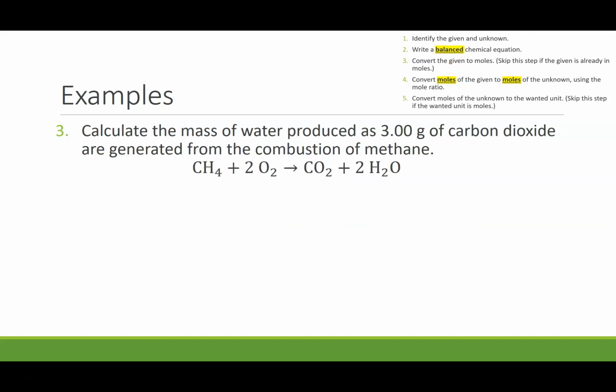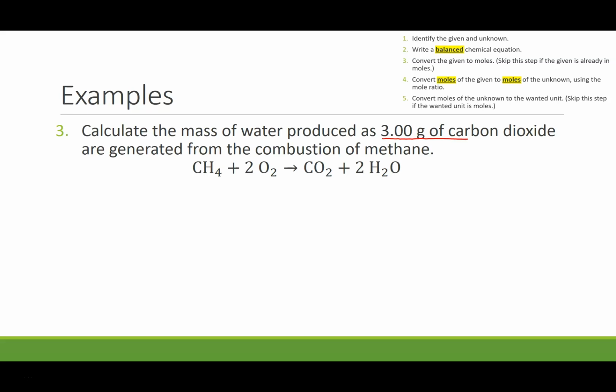And one last example. Calculate the mass of water produced as 3.00 grams of carbon dioxide are generated from the combustion of methane. CH4 plus 2O2 yields CO2 plus 2H2O. Again, we'll follow the 5 steps. So the first step is to identify the given and unknown.